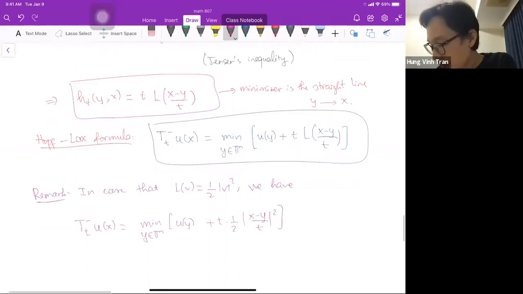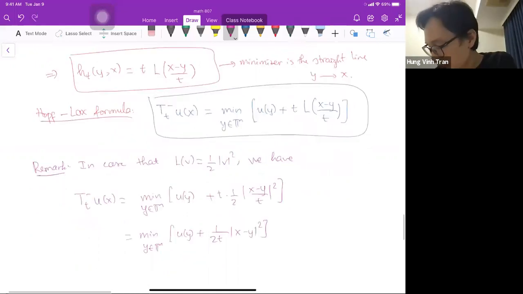This can be written as the minimum over y in the torus of u of y plus 1 over 2t times (x minus y) squared.